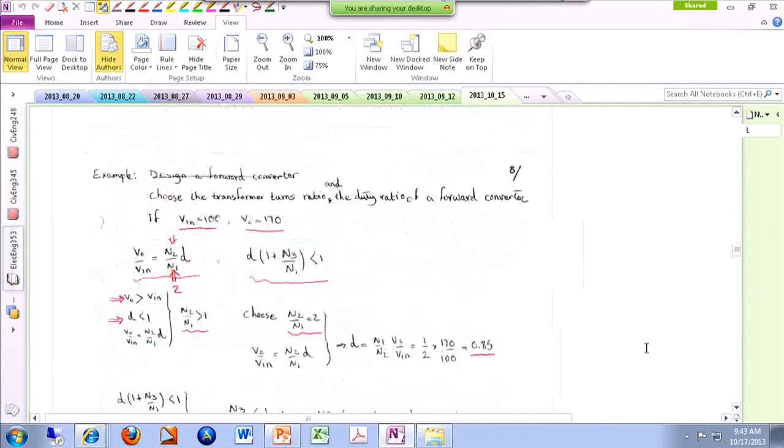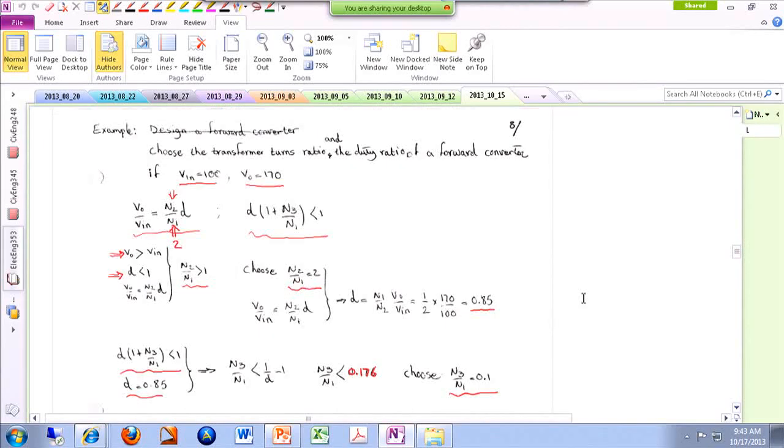The example was a design example, and we had this forward topology with an input voltage of 100 volts and an output voltage of 170 volts. We have been asked to find the duty cycle and the number of turns for N1, N2, and N3.